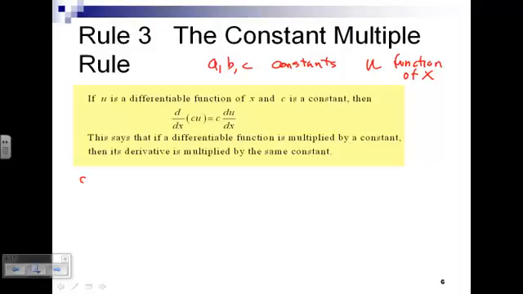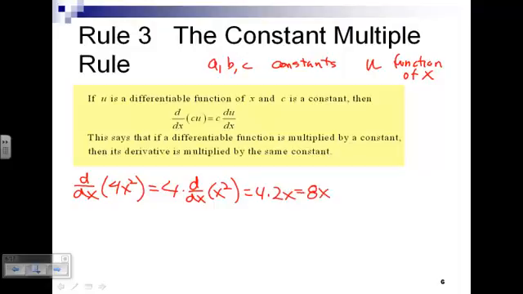For example, if I ask what is the derivative with respect to x of 4x squared, this rule says this is equal to 4 times the derivative of x squared. And we have a rule to be able to do x squared, don't we? This is 4 times 2x, or 8x.